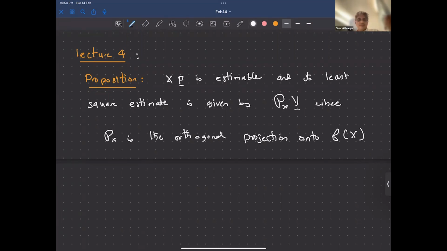So it's a nice theorem, and the result is quite nice. You first know that X beta is estimable, and its least squares estimate is given by this. So let's try and prove it.